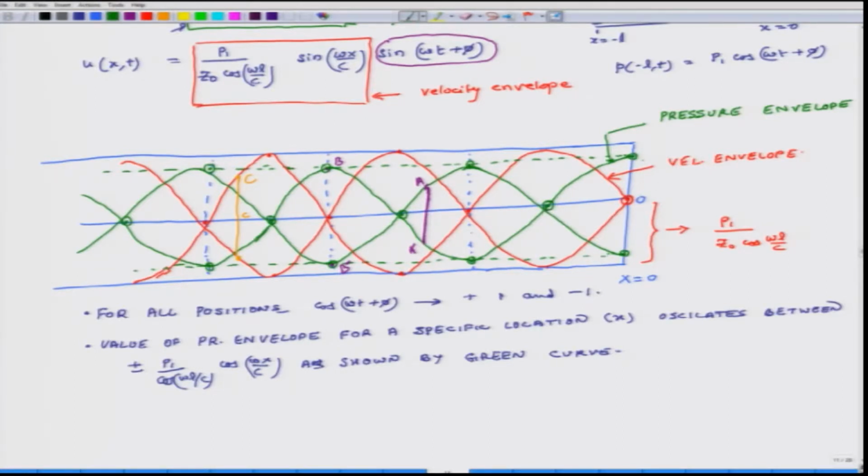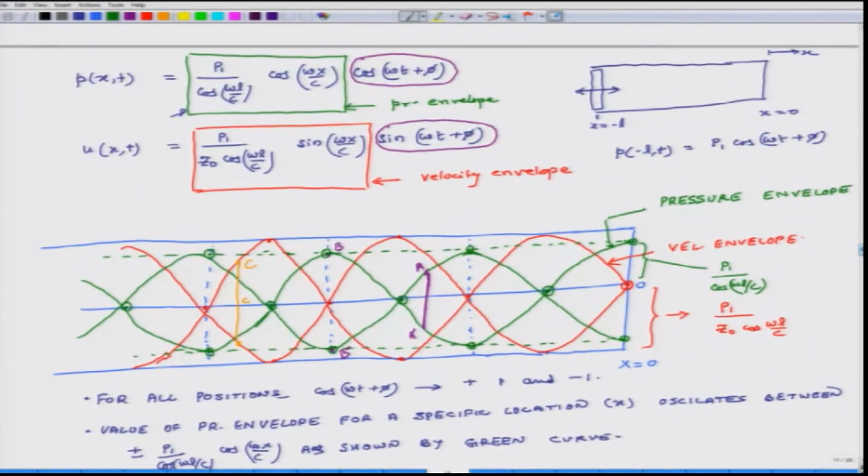The other thing is that this amount is P1 divided by cosine omega L over C. This is the amplitude. Now, I have drawn this graph in such a way that the vertical axis has two different units.